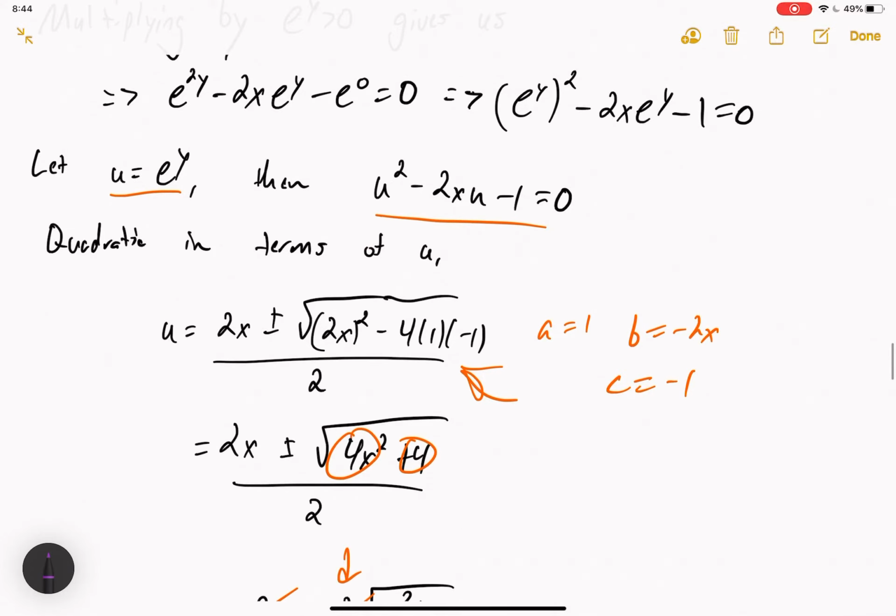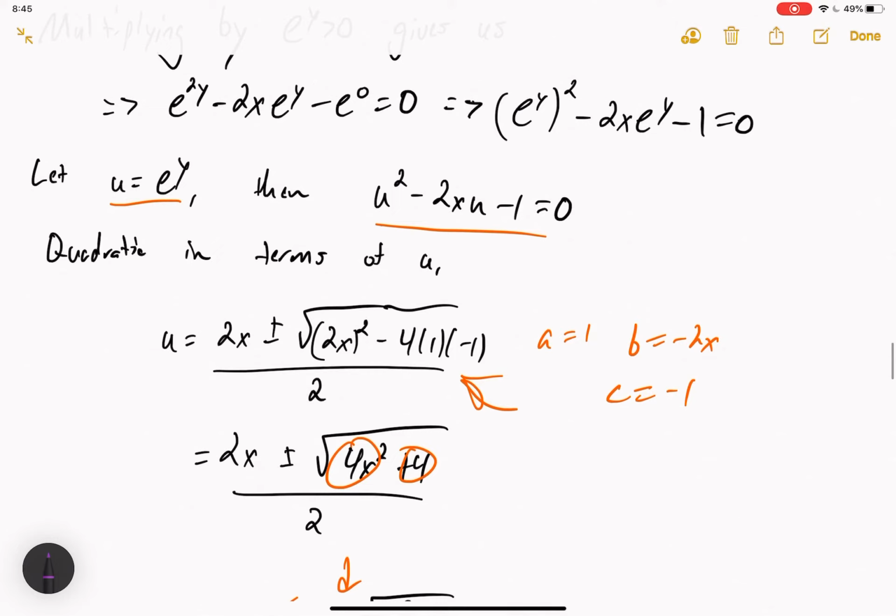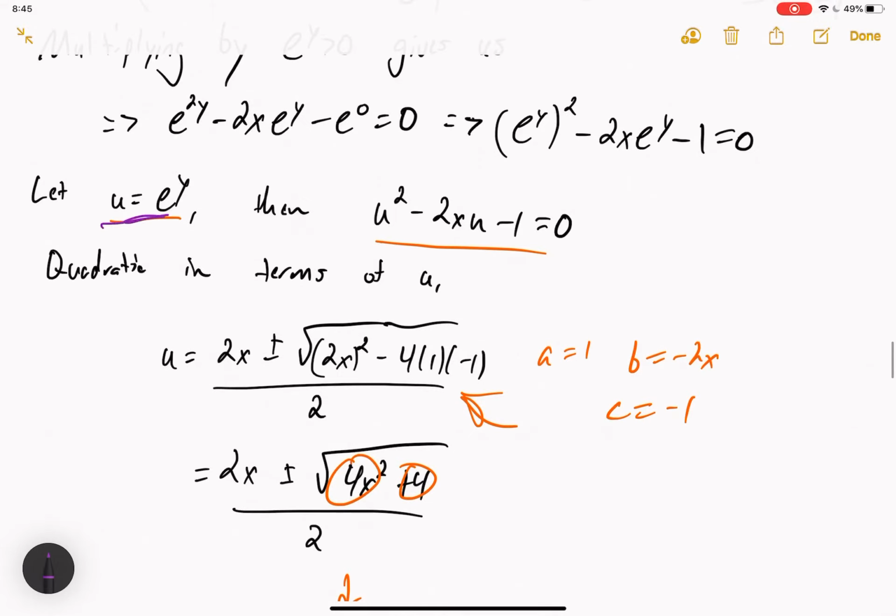This is basically kind of like a quadratic, though not really a quadratic, it's more like an exponential. But we want to do it in terms of a quadratic because it's nicer and easier for us to talk about. So we let u is equal to e to the y. Then we get u squared minus 2xu minus 1 is equal to 0. So this is a quadratic now with variable u. We'll just think of x as a constant.